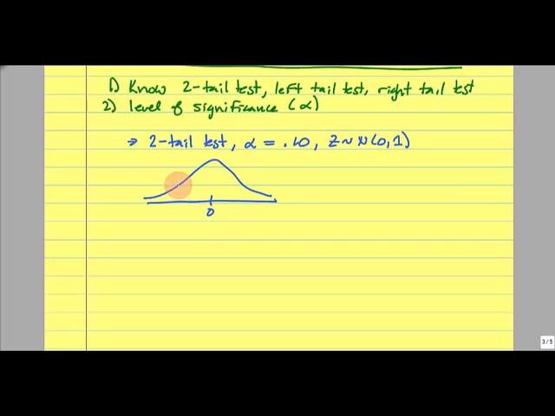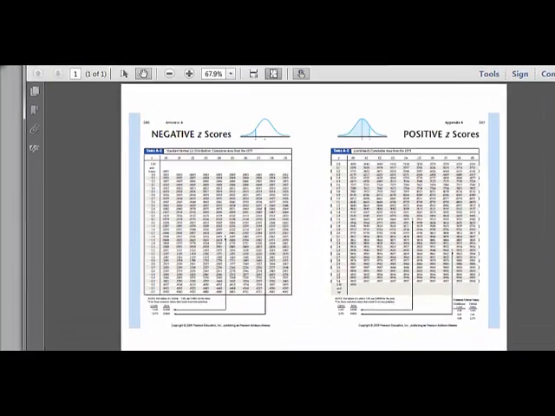So my mean is at 0. And because I have a two-tail test, I'm willing to have error at the top and error at the bottom. If I have 10% error, I have to distribute it evenly between the tails, so I'd have 0.05 in either tail. Now I don't really care about the fact that there's 0.90 in between, but I can note that if you want to. Next we open up our normal tables, and I'm going to look for where I have 0.05 to the left, and that's going to be my critical value.